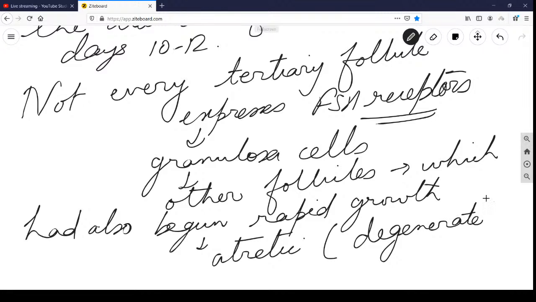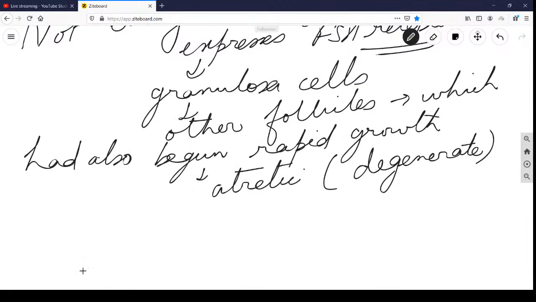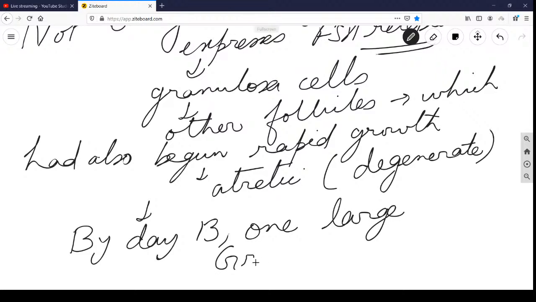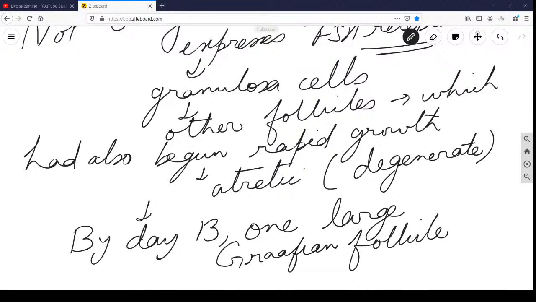Then by day 13, usually one large follicle becomes a true Graafian follicle.